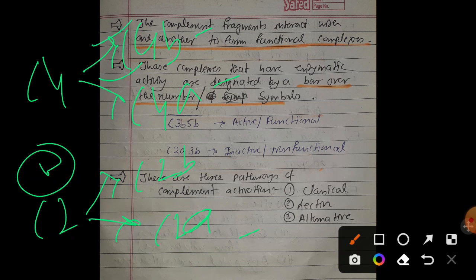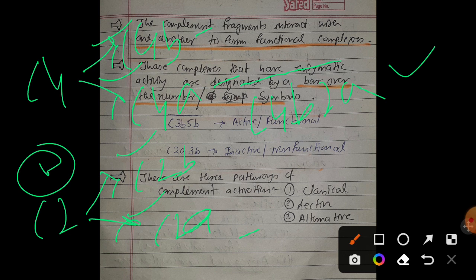Now these fragments can join together and form complexes. For example, let's say C4b2a. If that complex is enzymatically active, then we have to draw a bar over it.